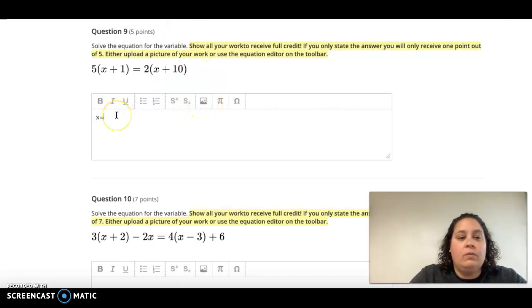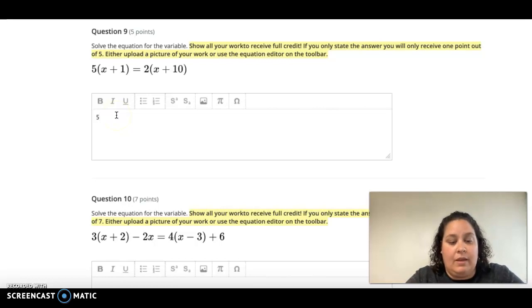Or if you really want to type out everything step by step and say, okay, well, I'm going to multiply and get 5x plus 5 equals 2x plus 20, and then go down to the next line and write out every single step until you get to the very end, which is your answer x equals 2, that is also perfectly fine. However, what I don't want to see is just x equals 2 and be done, because again, you are not going to receive full credit.